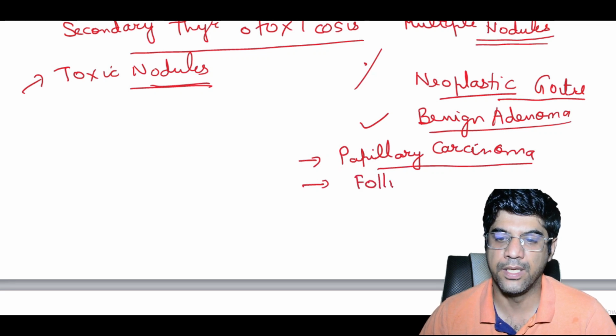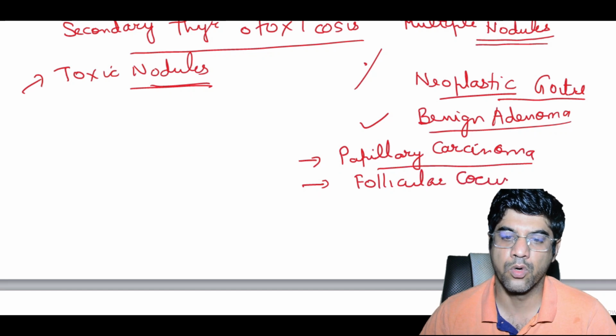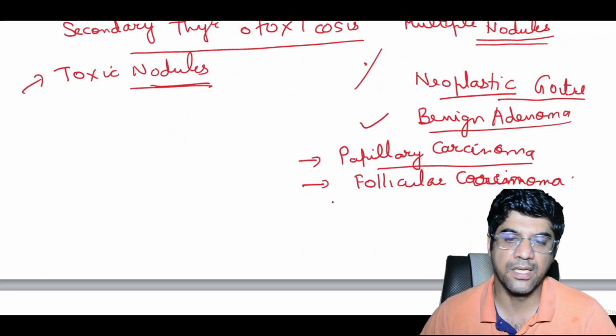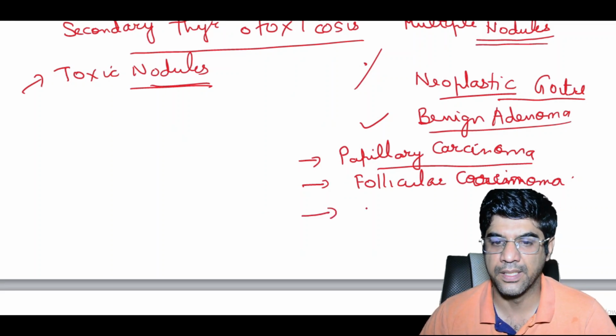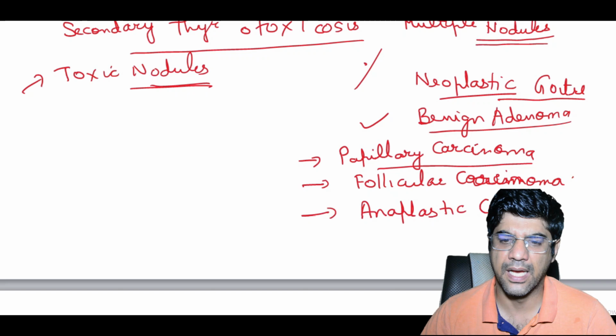Other can be follicular carcinoma. It occurs more commonly in areas with iodine deficiency. The poorly differentiated carcinoma is anaplastic carcinoma that is highly aggressive and rapid growing.